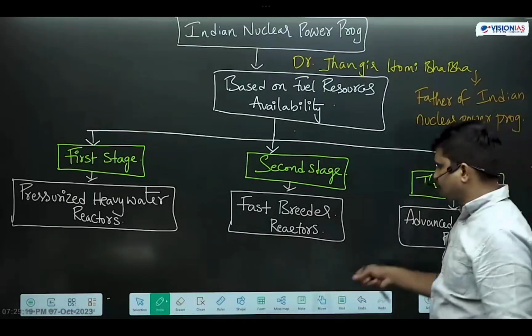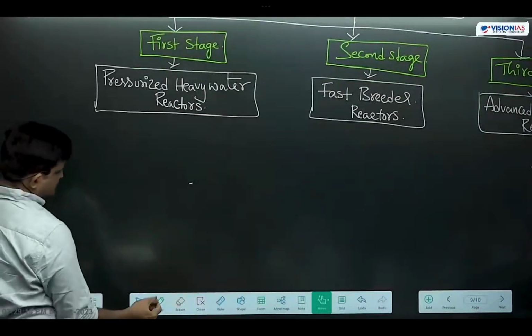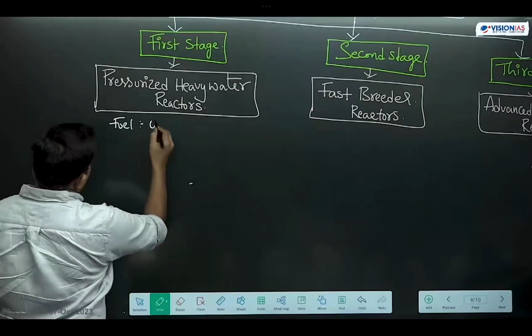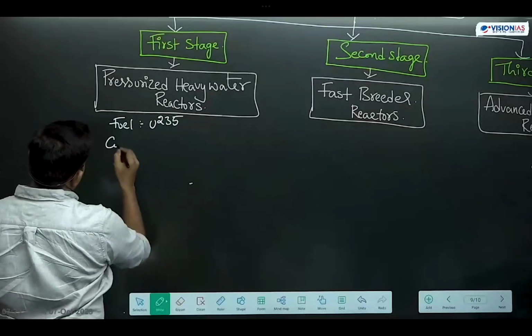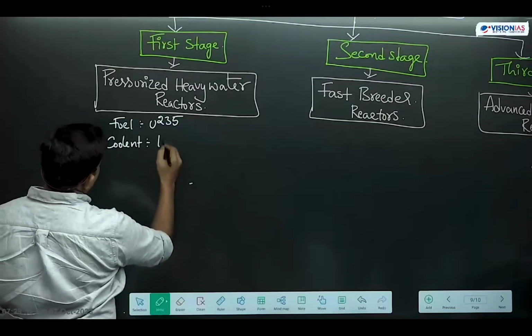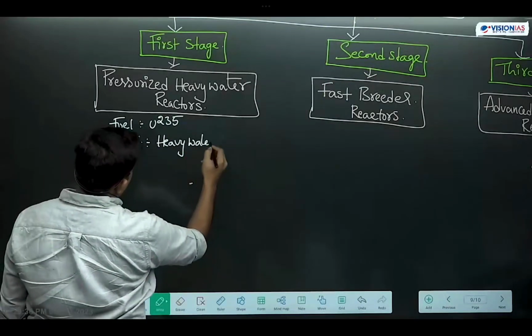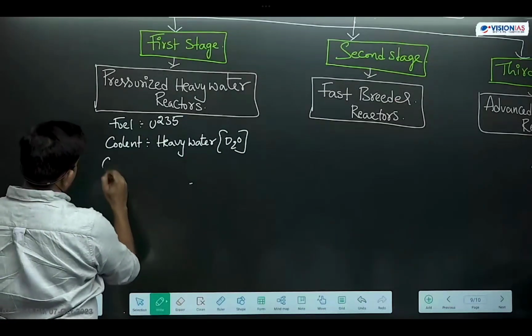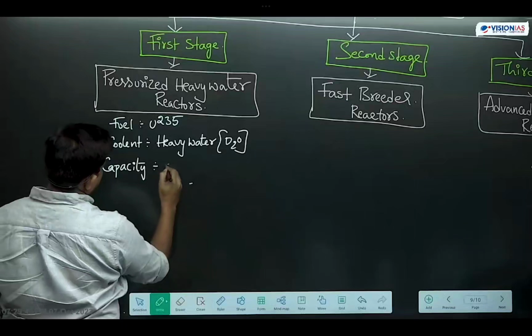Copy it. And what are the features of the first stage? What are the characteristic features of the first stage of the nuclear power program? In this, the fuel used is uranium-235. Coolant is heavy water. Capacity is 250 megawatts.